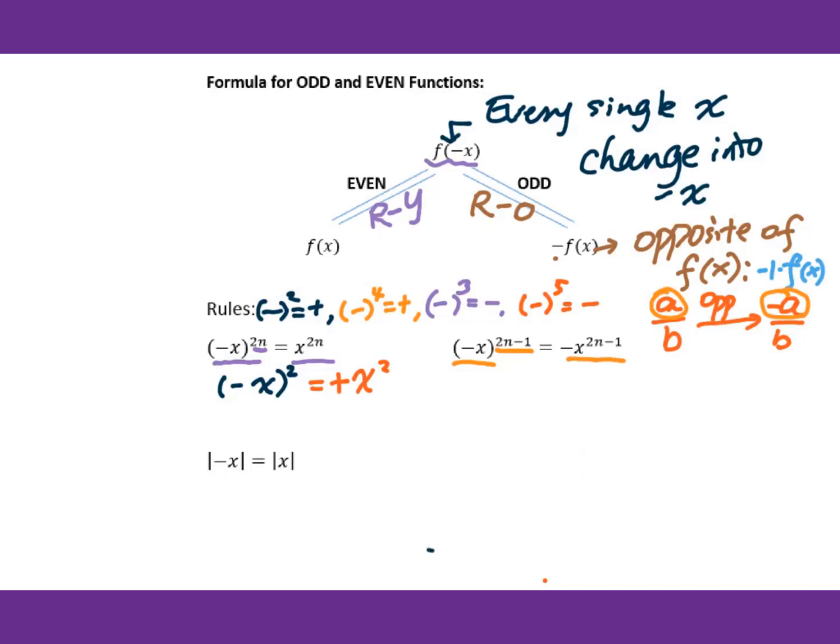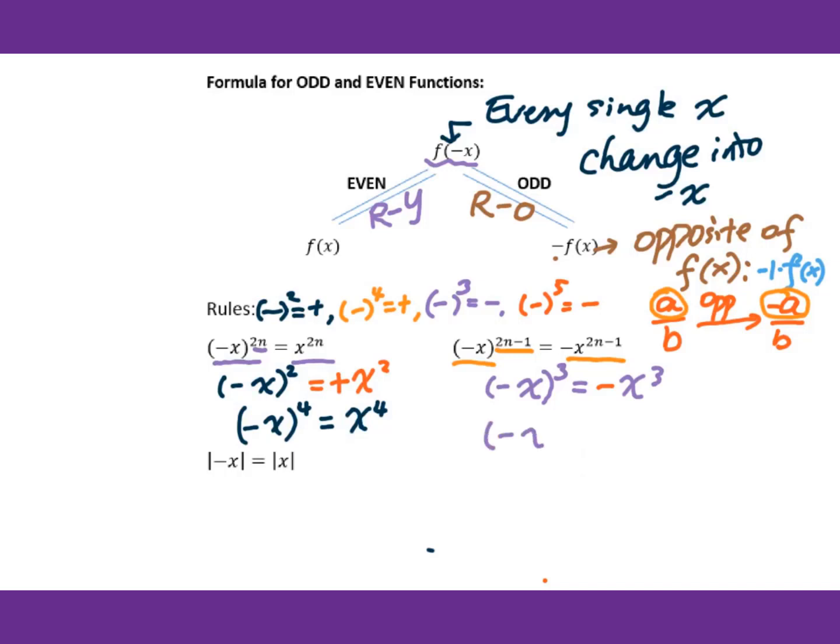Then do one more. Negative x to the fourth power is positive. We don't write the sign down, but write x to the fourth power. Now let's go to this one. If I have negative x to the third power, you know that a negative sign to the third power is negative, and for x to the third power, I just write down x to the third power.